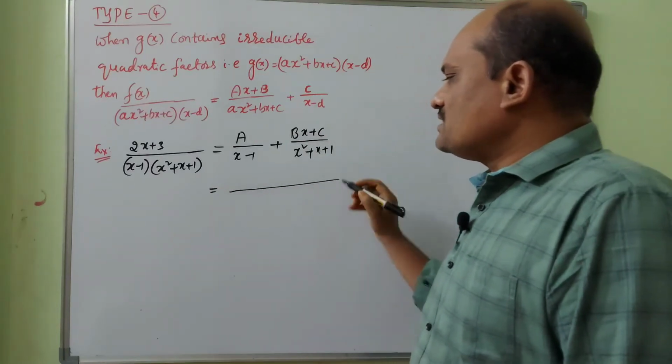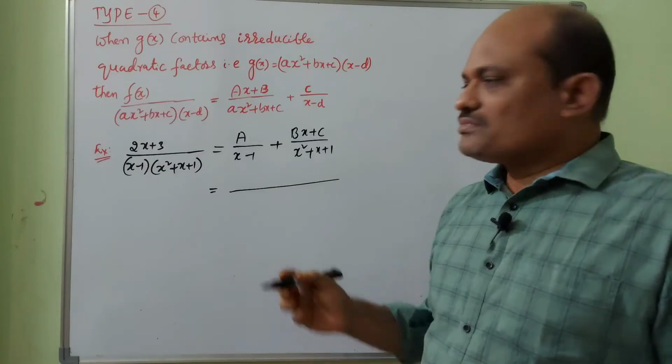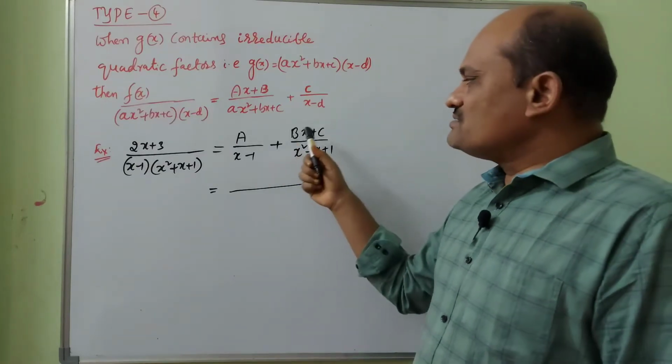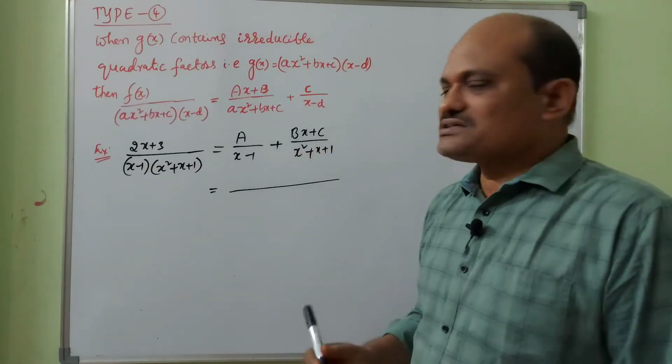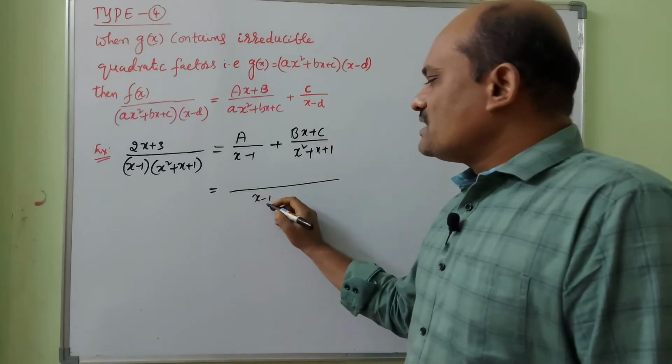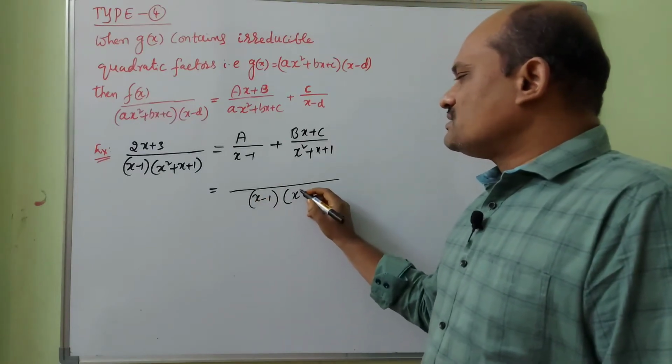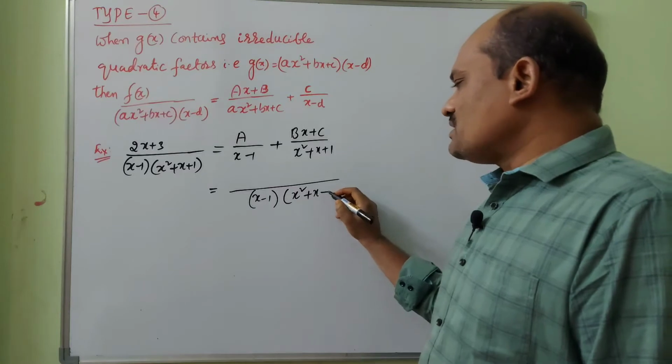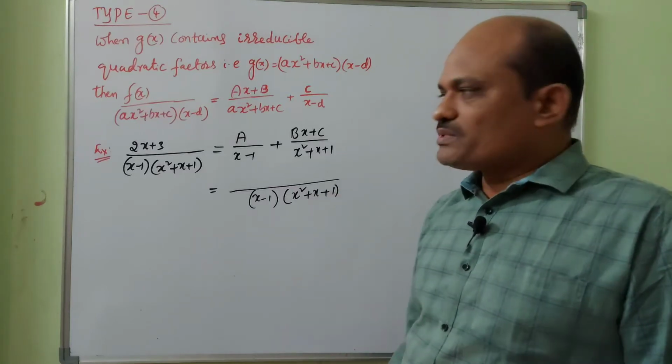On the right hand side take the LCM. Now I am going to find the values of a, b, c so that I will get the partial fractions. The LCM denominator is (x minus 1) into (x square plus x plus 1).